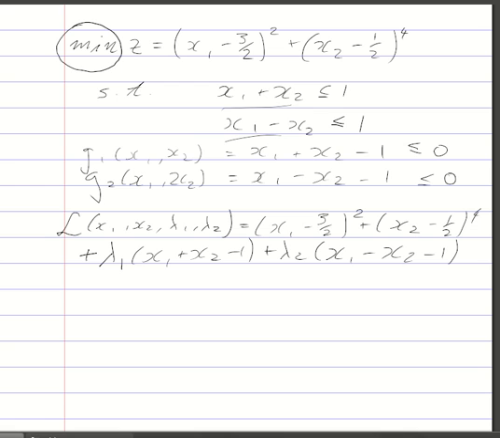Now the way I remember this, if you minimize, you're usually minimizing a convex function like this, and you're probably not going to get the absolute minimum because of the constraints, so you're going to have to add something to move away from the real global minimum.